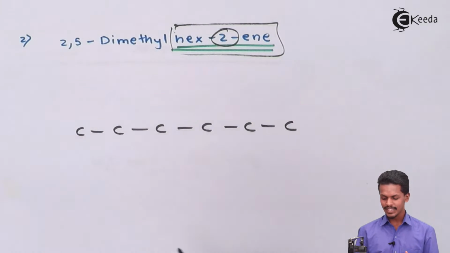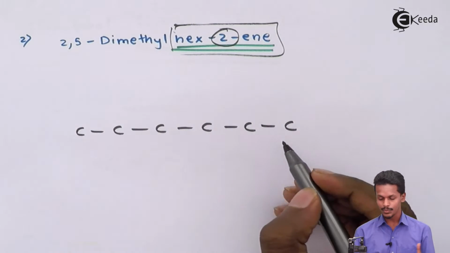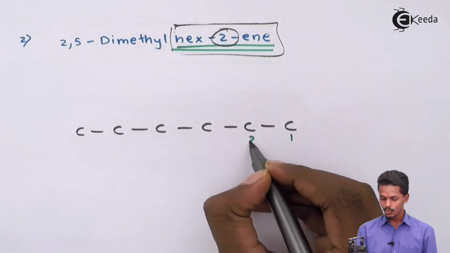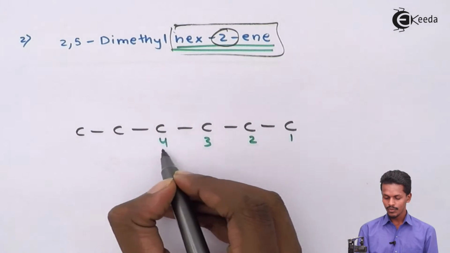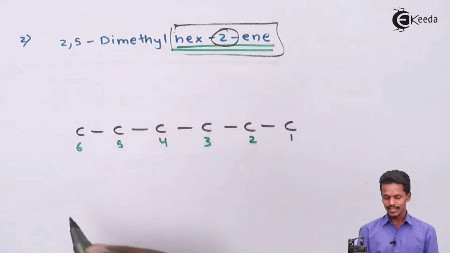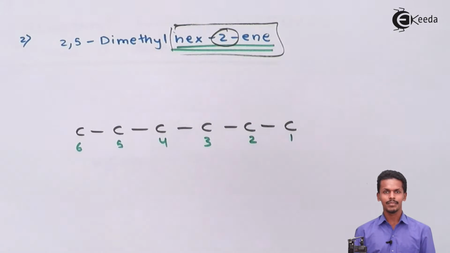Suppose in this case I have taken it from this side, like 1, 2, 3, 4, 5, 6. I am just making you sure that you could take it from any side, but you should follow the rules of the IUPAC, and that is what we are going to observe.